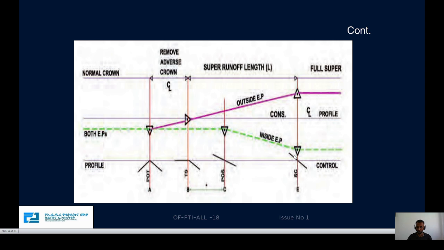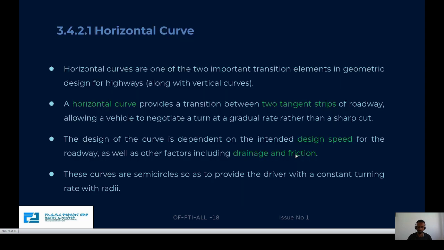So we have discussed the distances. So the first is the horizontal curves. The horizontal curve is one of the two important transition elements in geometric design. It connects two tangents of the roadway. So there is a difference in directions.